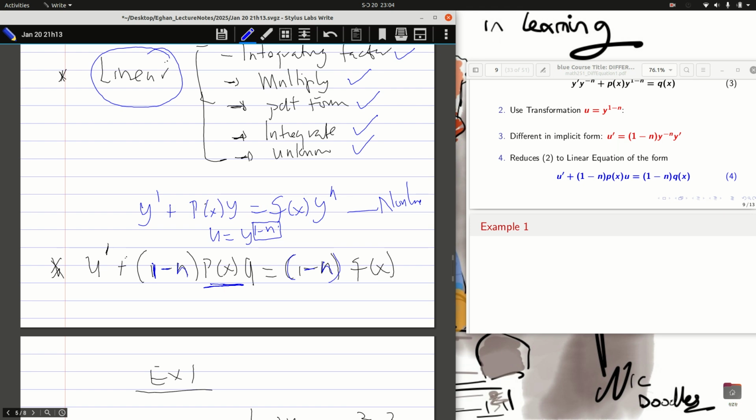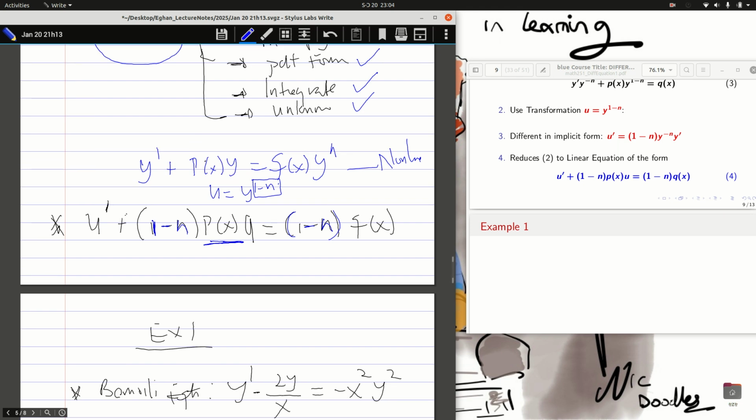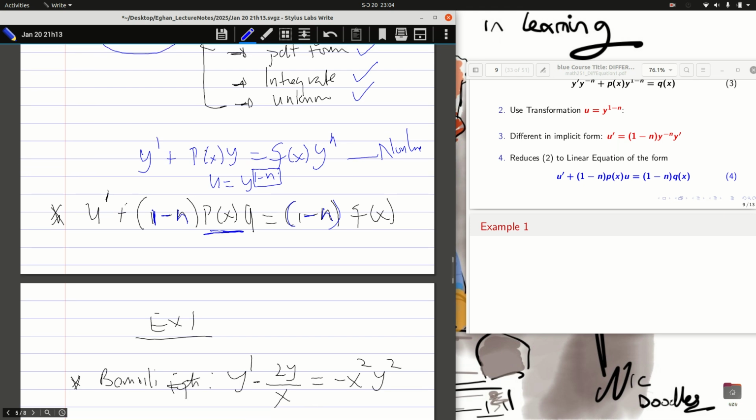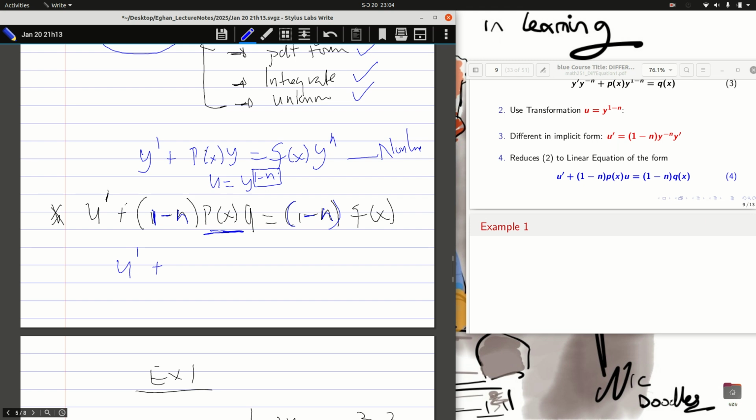So all we need is to find the 1 minus n term, and then you fix it into your standard linear form. It will be linearized. So you realize that this is like finding u prime plus something p of x u equal to just something k of x, and it becomes linear.